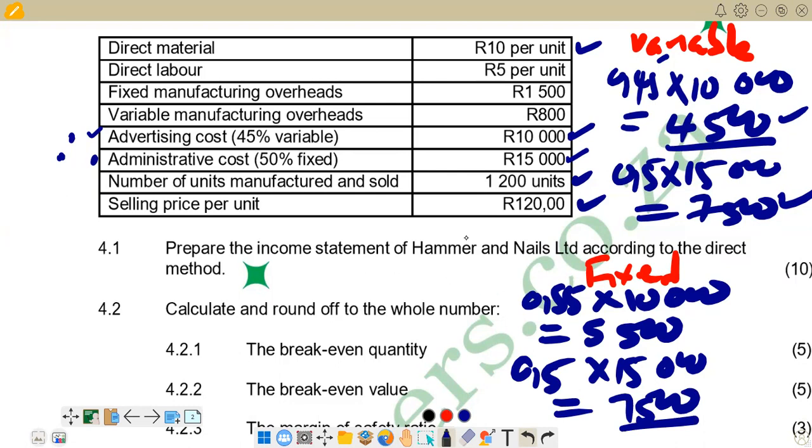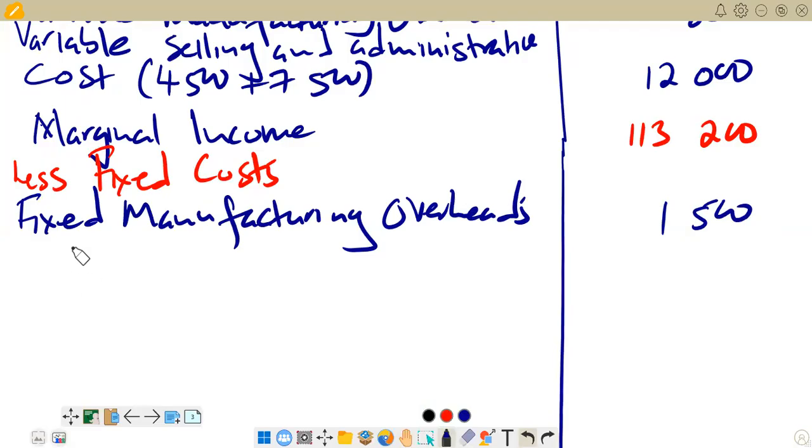So for the total of fixed selling and administrative costs, we are now adding this one plus this one. 5,500 plus 7,500. So we can go there and summarize that one. We are now saying fixed selling and administrative costs.